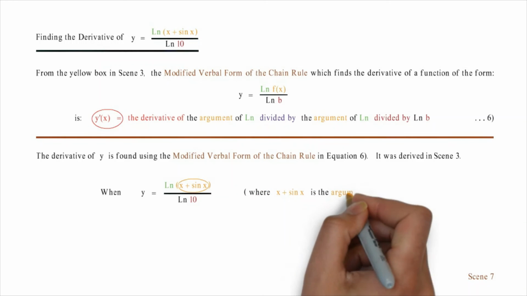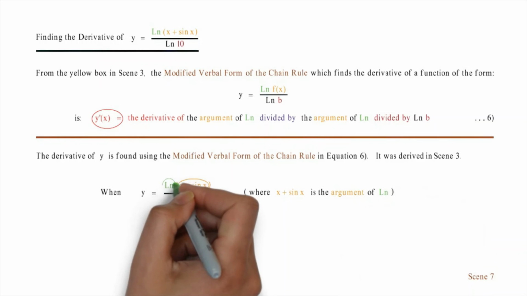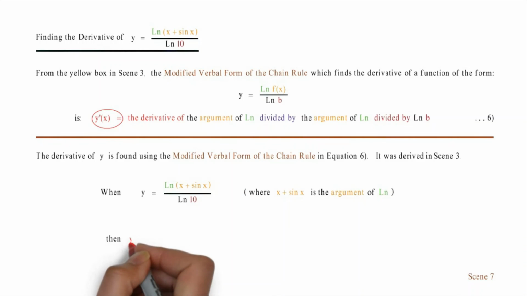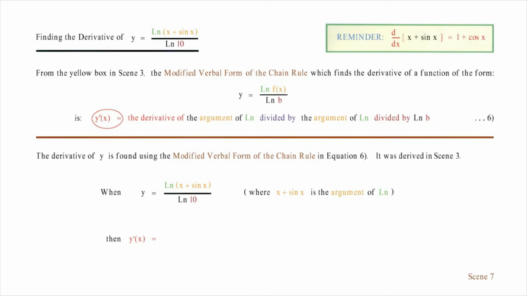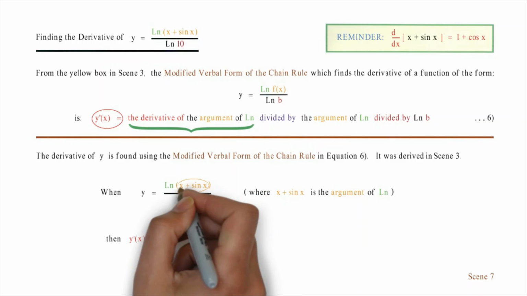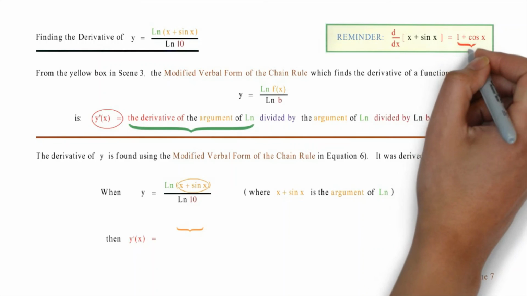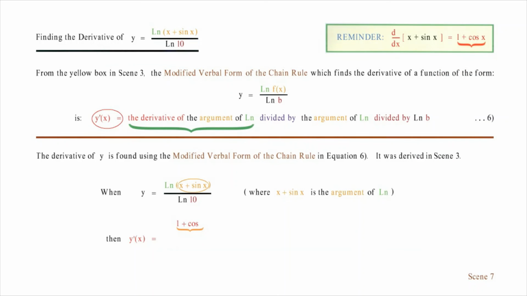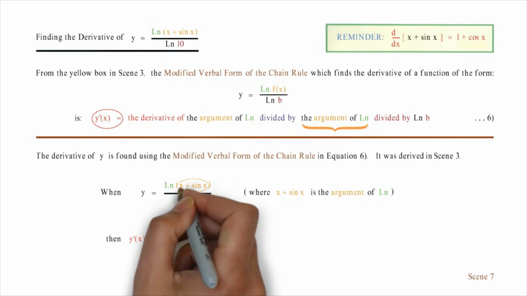then y dash of x equals the derivative of the argument of ln, which is the derivative of x plus sine of x, which is 1 plus cos of x, divided by the argument of ln, which is x plus sine of x.